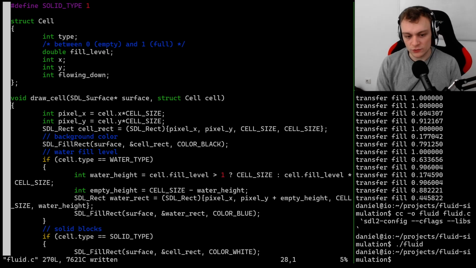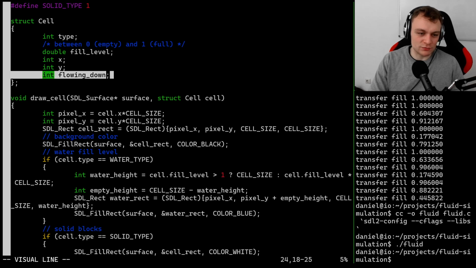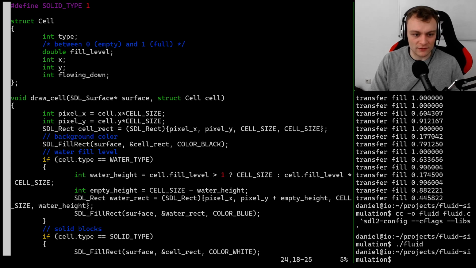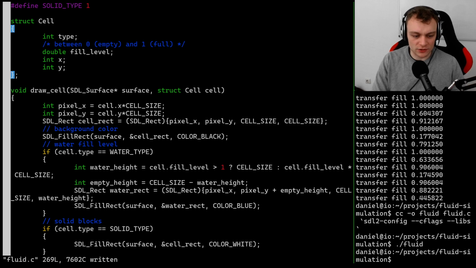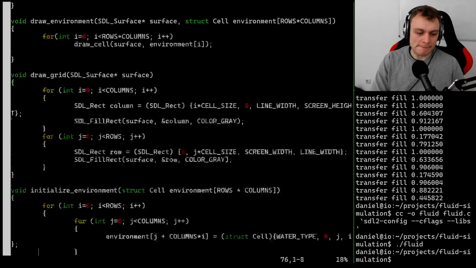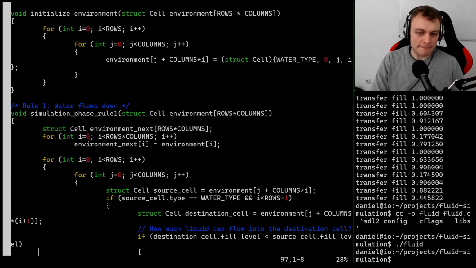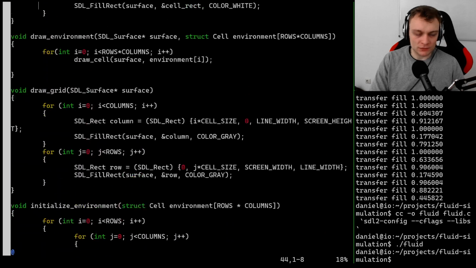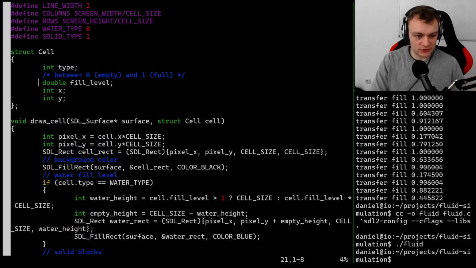So that would be a separate data structure just for rendering, because I'm not sure if this should be part of the cell data model. And probably it's the most straightforward solution.